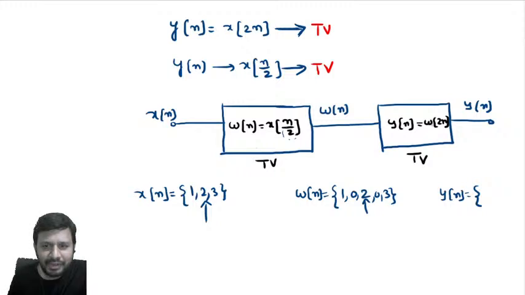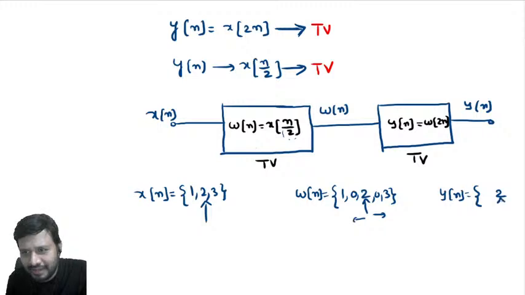How are you going to perform decimation? To the right and left side of this arrow, skip or discard alpha minus 1, the scaling factor minus 1 number of samples. Scaling factor is what? 2 here. So you have to skip one sample to the right and left side of the arrow. Right side of the arrow, 2 will be as it is. Right side of the arrow, skip one sample.